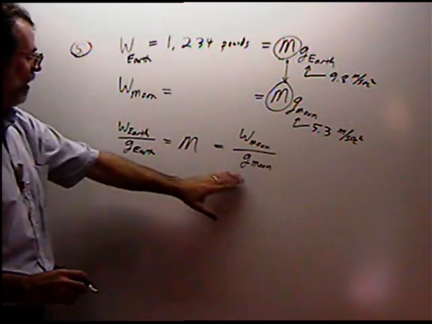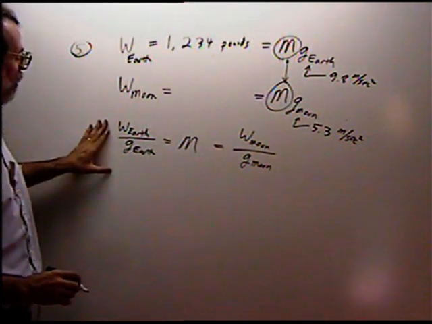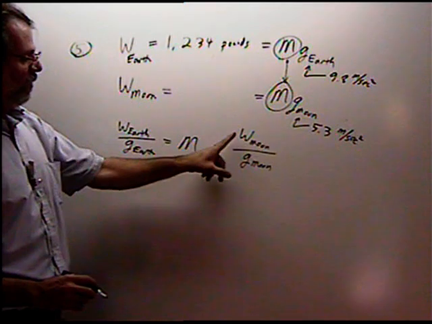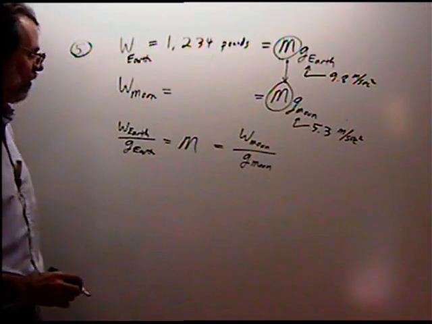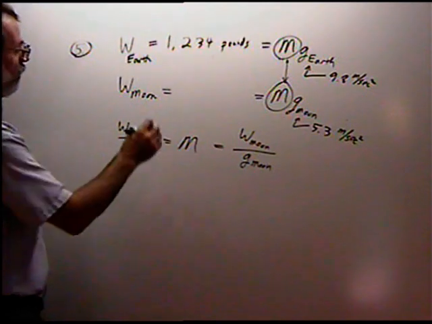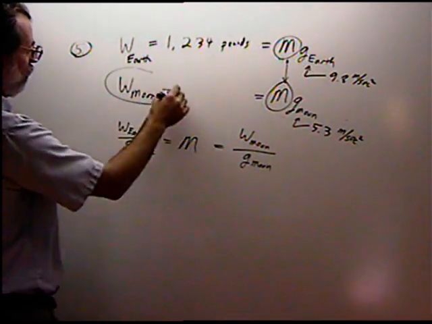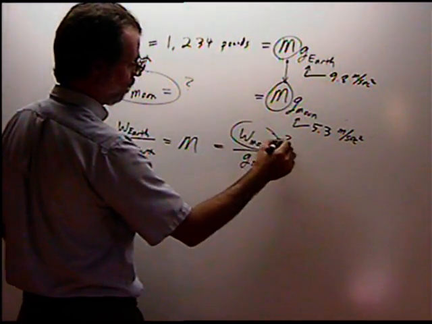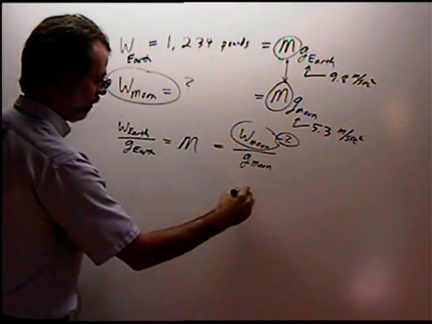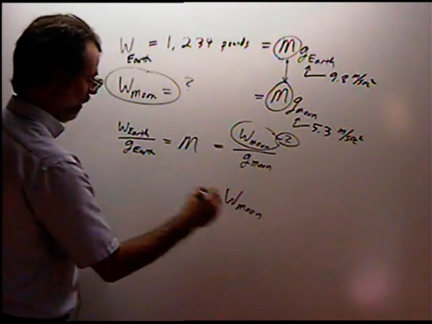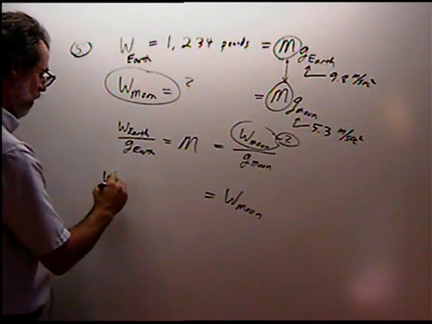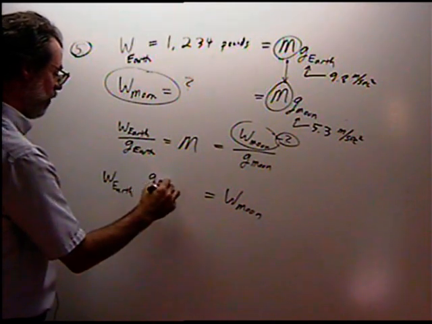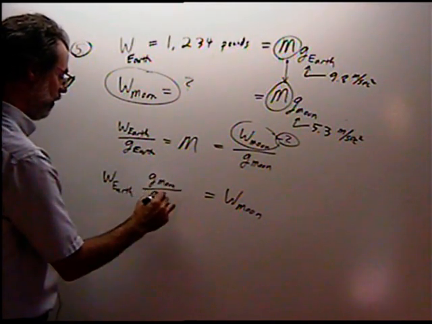The mass is the same in both cases, so the weight of the Earth divided by the gravity of the Earth is also equal to the weight of the moon divided by the gravity of the moon. What we want to solve for is the weight on the moon. That's what we don't know. So let's solve for this. The weight on the moon equals the weight on Earth times the ratio gravity on the moon divided by the gravity on the Earth.